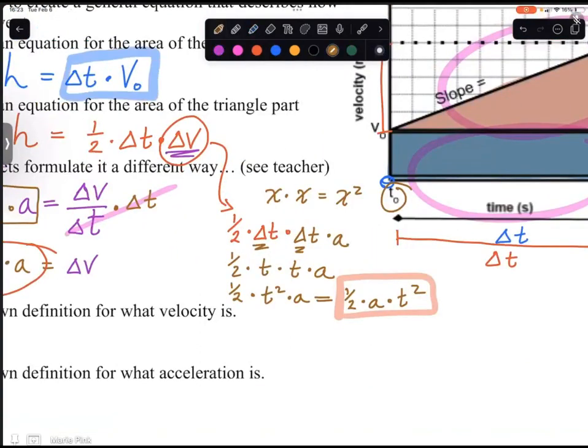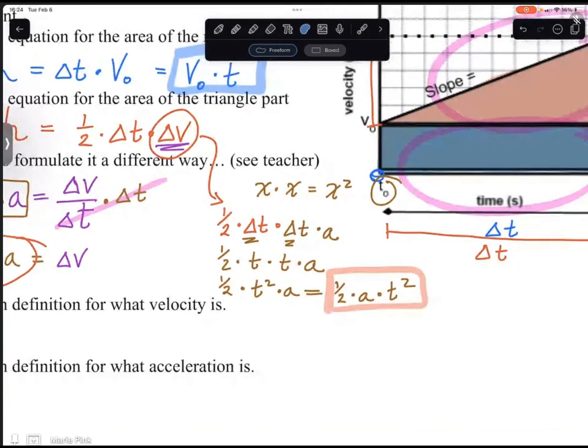And again, I'm going to say, hey, that change in time thing, we're going to say we started at time 0. So this would be time times, but I don't want time in the front. I like velocity in the front. So I'm going to go v naught times t. All right, so we're going to take this part then, and we're going to add that together.